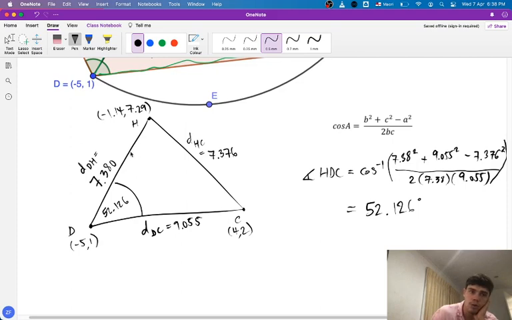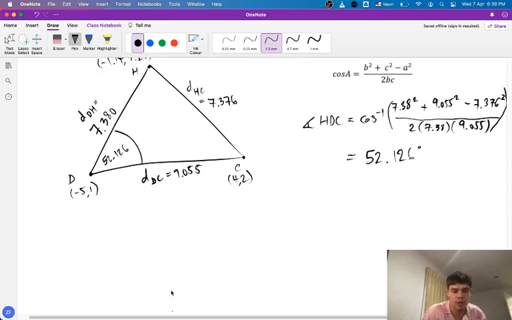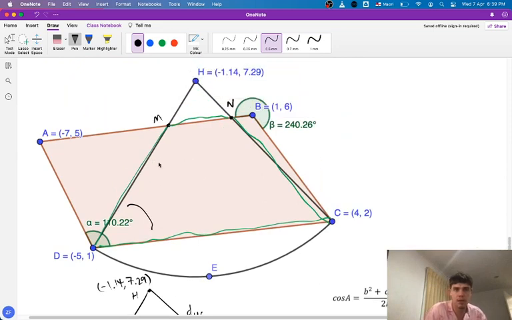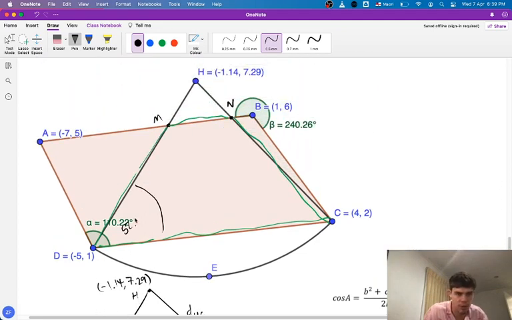So what I'm going to do is draw another picture down here with the new thing that we're trying to work out. So now we know what this angle is. We now know that this is 52.126 degrees.